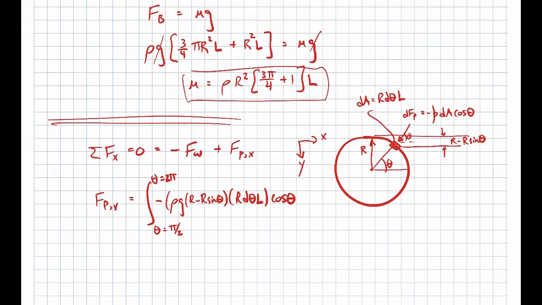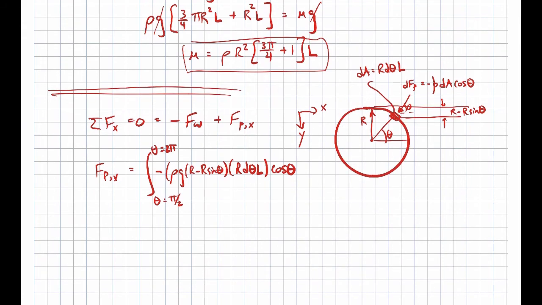It's just the density times gravity times the depth from the free surface. R d theta L is the little bit of area. And the cosine theta gives us the horizontal component of that pressure force. And then there's a minus there because it's actually pointing in the negative x direction. And we're going to integrate that as theta goes from pi over 2, which was the part where the water touches it, all the way around to 2 pi. So we can solve for that.